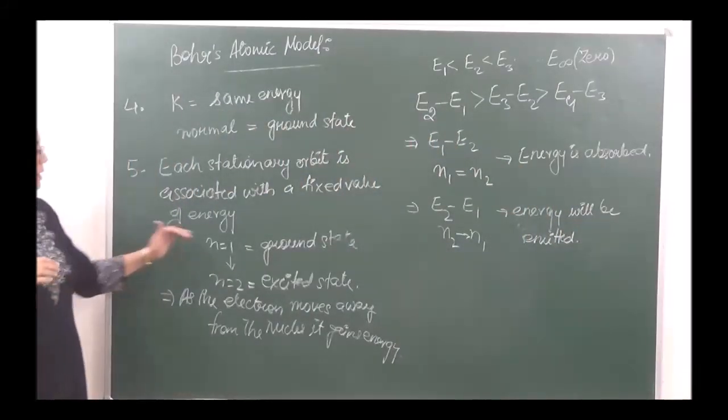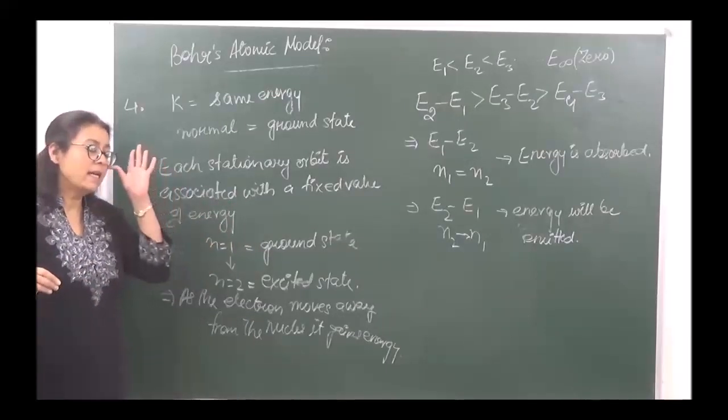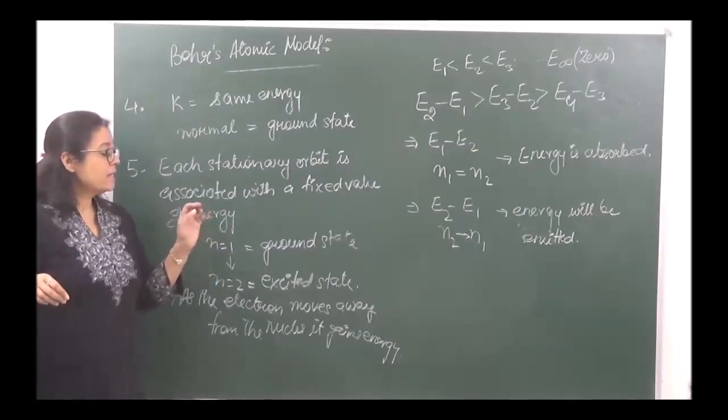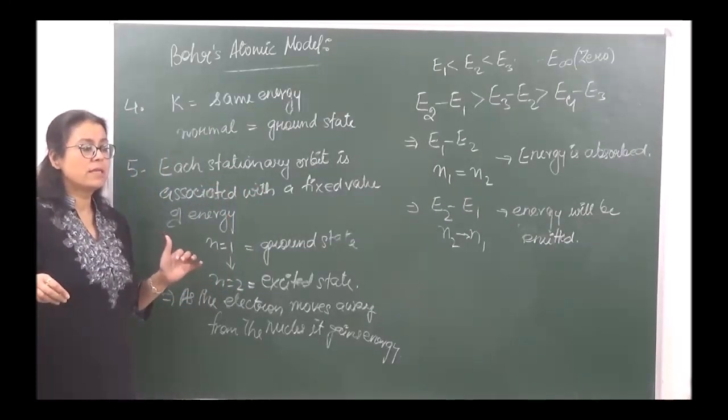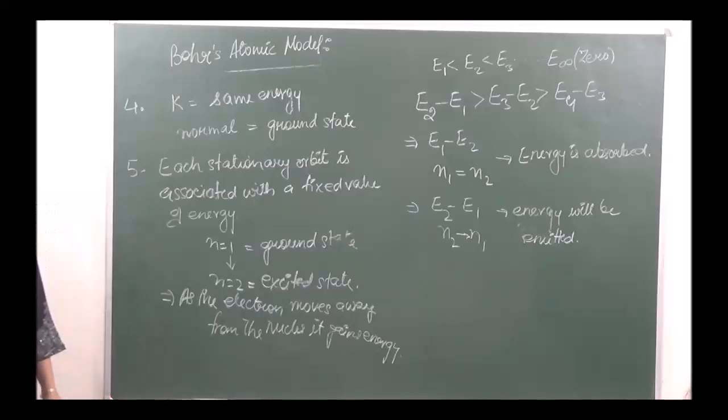So when it is going from ground state to excited state, the electron absorbs energy, and when it is coming back from the excited state to the ground state, it is emitting energy.